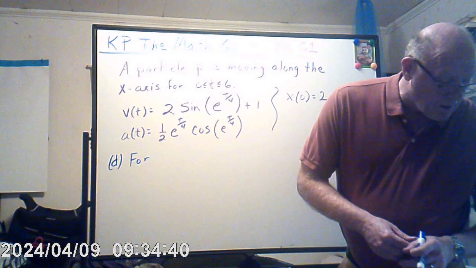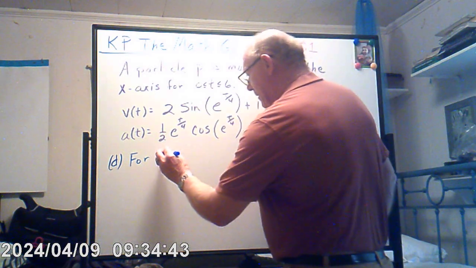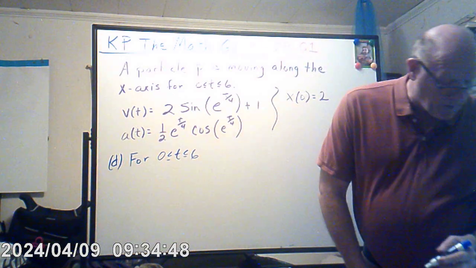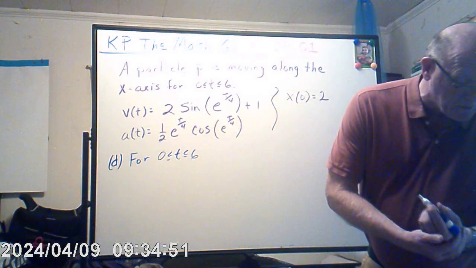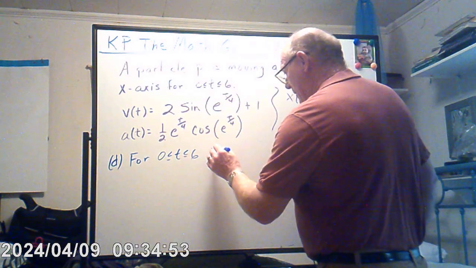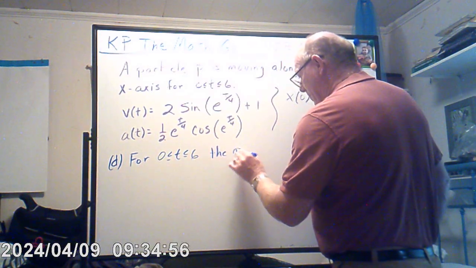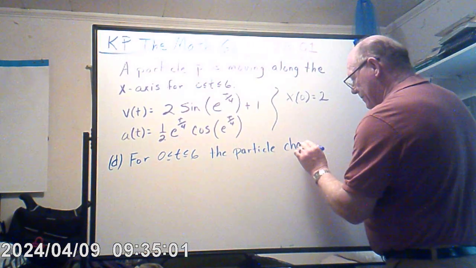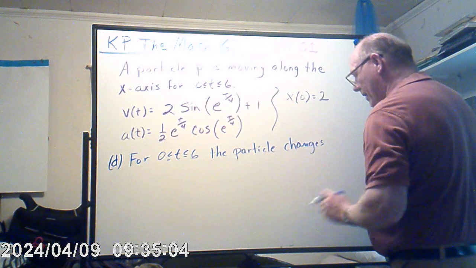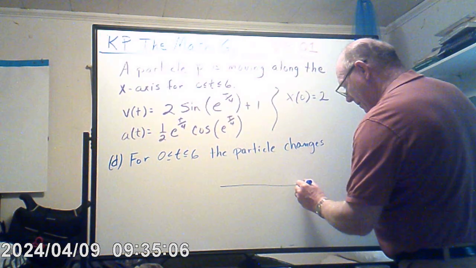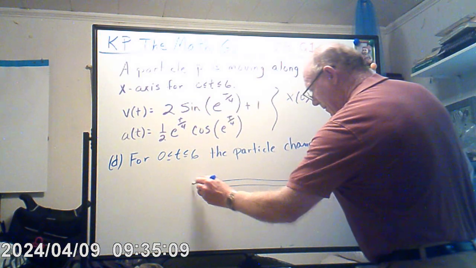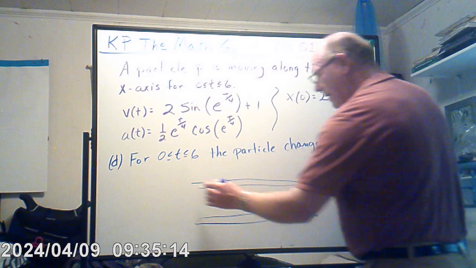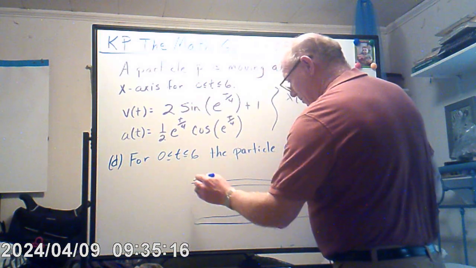For t being between 0 and 6, the particle changes direction only exactly once. If the velocity is going this way, it changes direction, or if it started going this way, it changes direction.